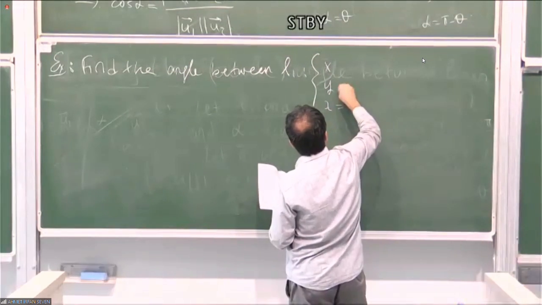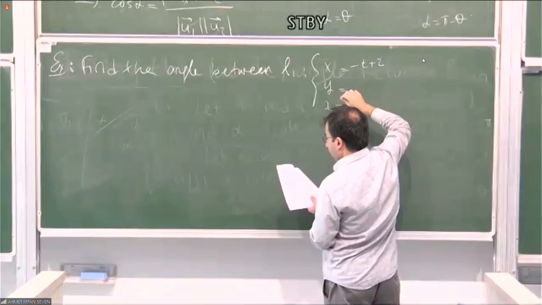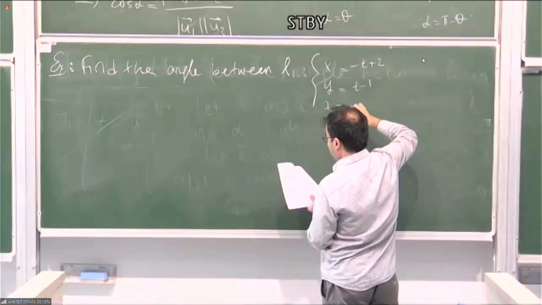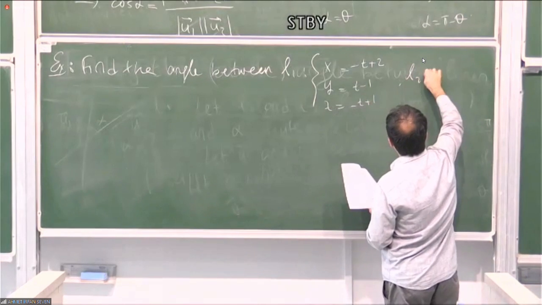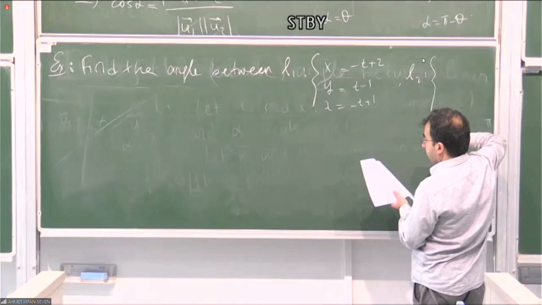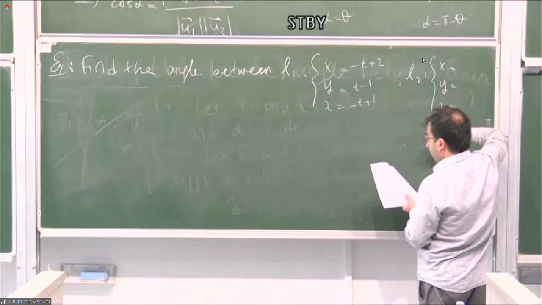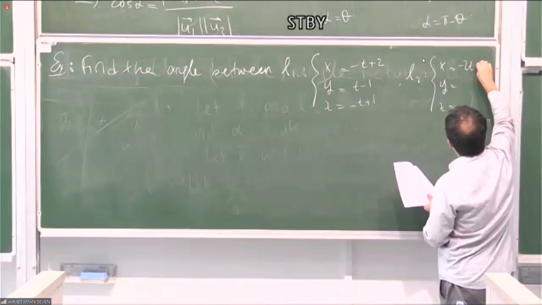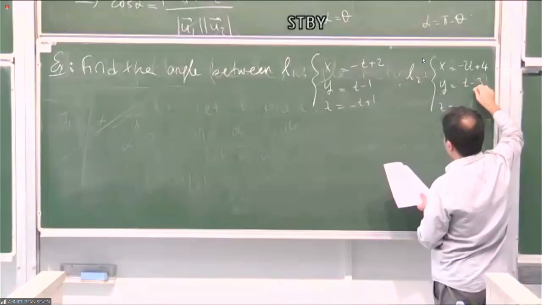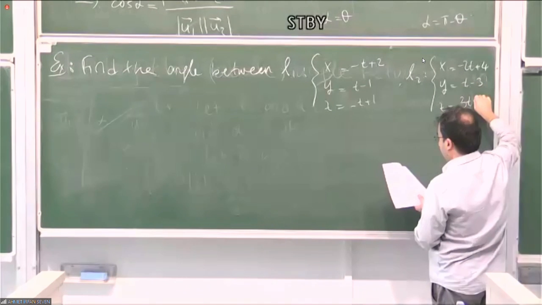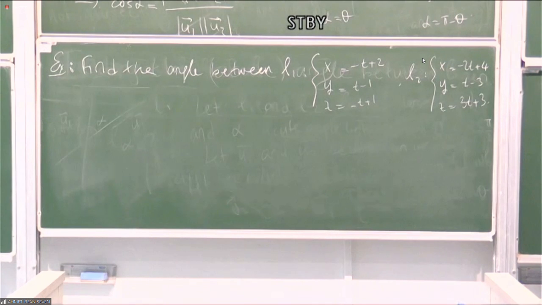x, y, z equals minus t plus 2, t minus 1, minus t plus 1. L2, again x, y, z equals minus 2t plus 4, t minus 3, and 3t plus 3. Okay.